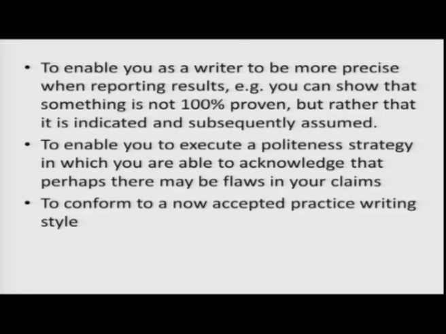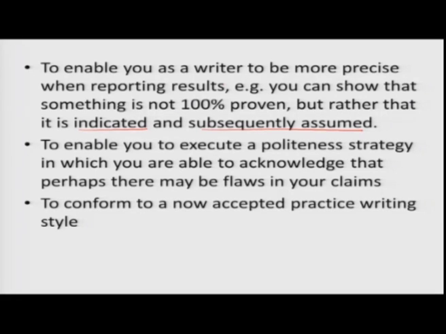You can say that something is not proven 100%, but that is what is indicated and subsequently it is assumed. So, this is what it seems to indicate and this is what we can assume. That is the kind of level at which you will be making claims about your results.